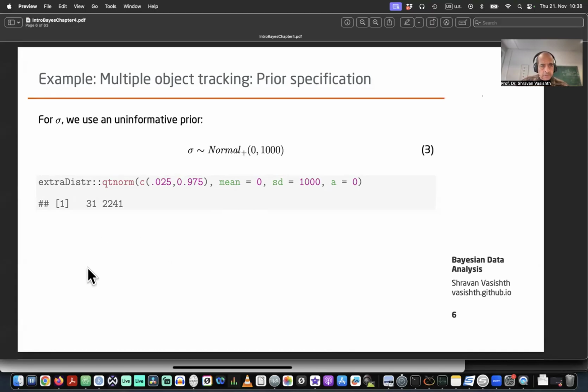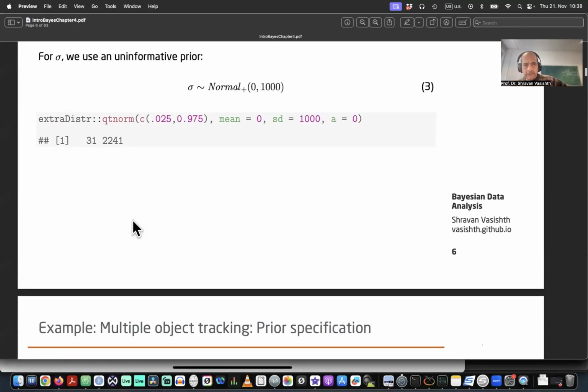And so you can look at the quantiles of the 95% credible interval in the situation where you've got a truncated prior. The truncated prior for the standard deviation assumes a standard deviation from 31 to 2241, which seems like a reasonably broad range, but not too crazy.